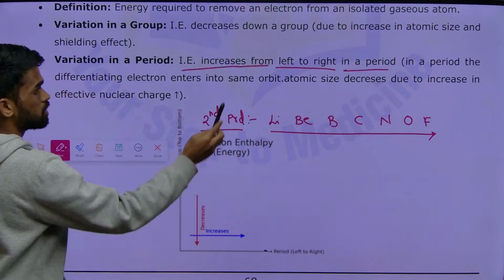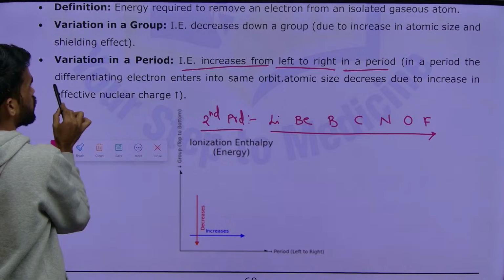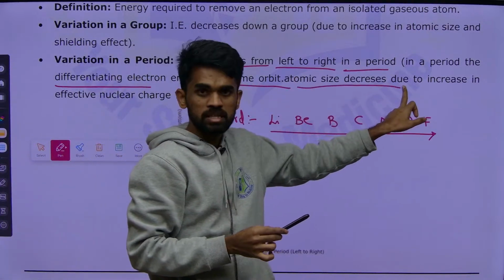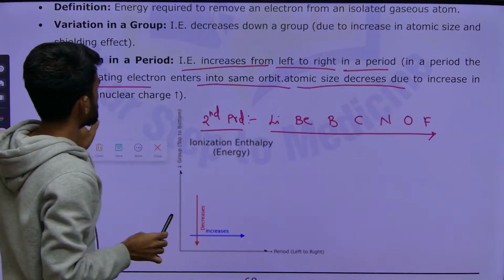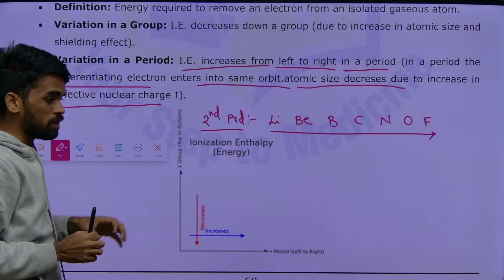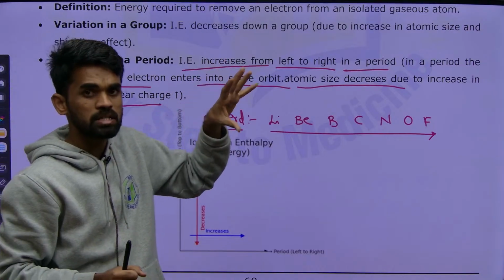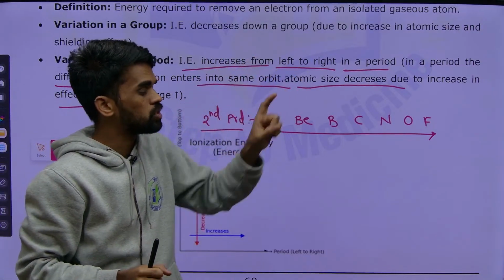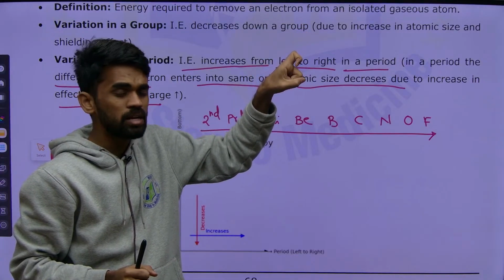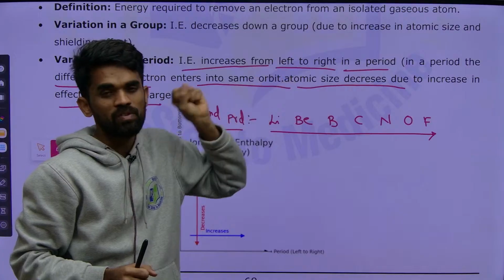Remember this: in a period the differentiating electron enters the same atomic orbital shell, which results in a decrease in size and an increase in effective nuclear charge. The nuclear protons also increase as atomic number increases, so the nucleus holds the added valence electrons strongly, and it is very difficult to remove them.